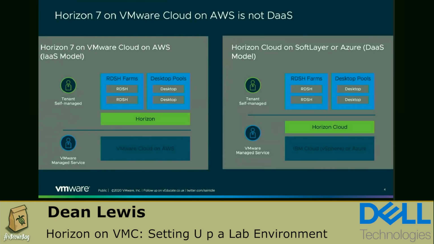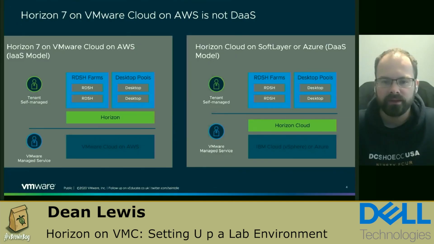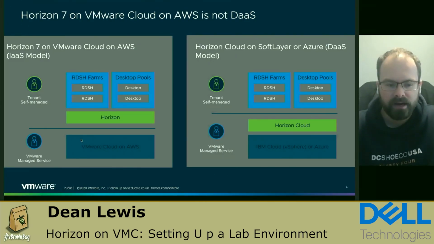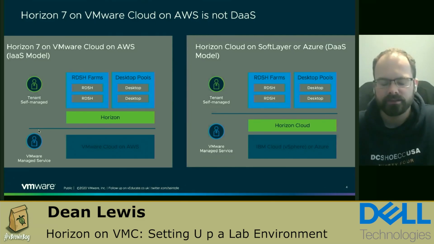Okay, so first and foremost, I'd like to start with Horizon 7 running on top of VMware Cloud and AWS is not desktop as a service. For those of you who may not be familiar with the VMC offering, it is a VMware managed service. We run the underlying vSphere platform for you, and you consume it by bringing your own virtual machines to the mix.